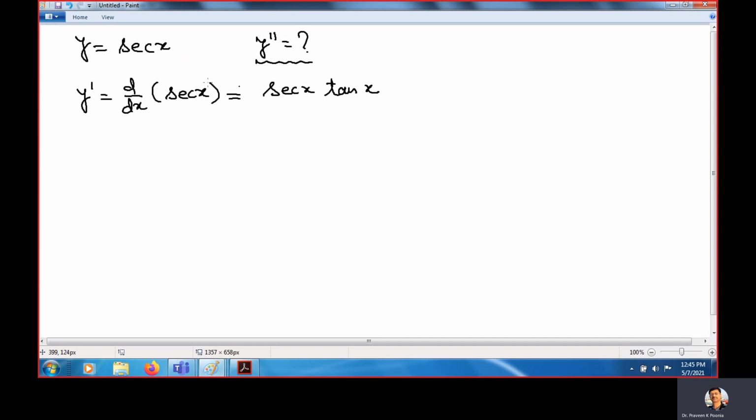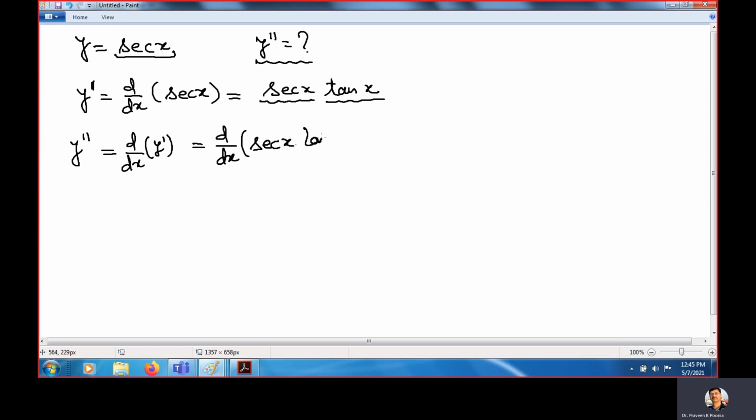So here only one function was there, but after first differential now it is a product of two functions, sec x and tan x. So when we calculate y double dash, it will be d by dx y dash, that means d by dx of sec x tan x.